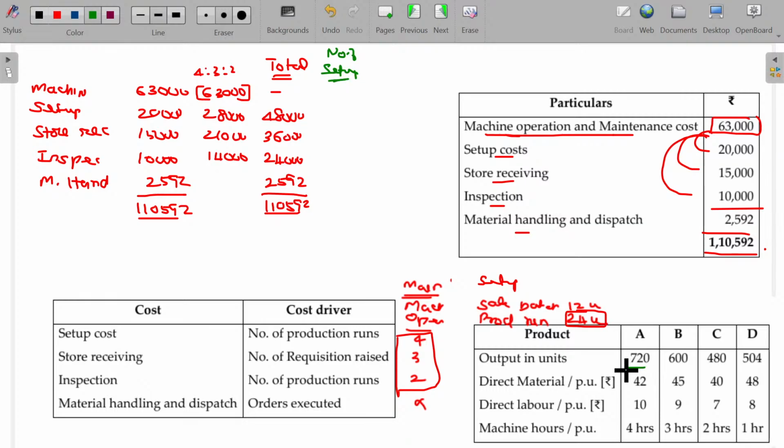We need 720 units to be manufactured. For every setup, you can manufacture 24 units. So 720 divided by 24. Tell me the number of setups. 30. 30 for A. I'll put the value for number of setups.